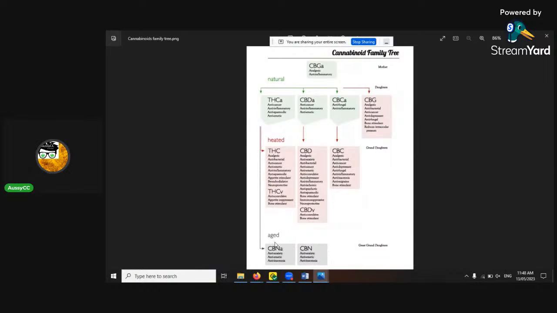Because after it's aged, it takes off the heady amount, and it gives more of a sleepier effect, the CBN, when it changes after you smoke it. And that's talking about something that's stored for as little as 6 months. If you store it at a high temperature, it could be as little as 2 or 3 months. You've really knocked out, taken off the 20%, for instance, and increased this 1%.